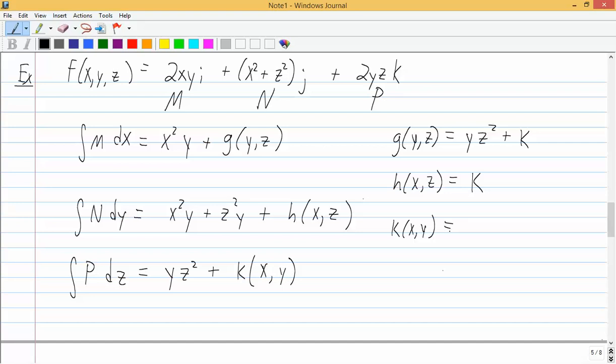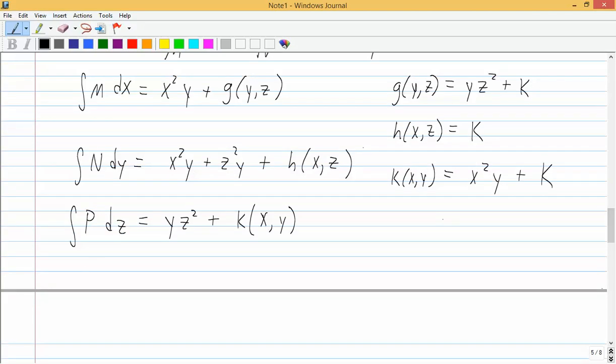Do we have a function of xy in these? Do you see a function of xy? I do. I see 3 of them. Or 2 of them, sorry. x squared y. So it's x squared y plus k.